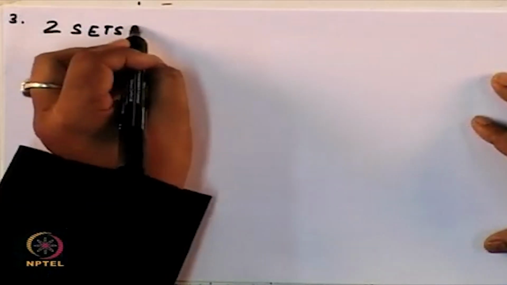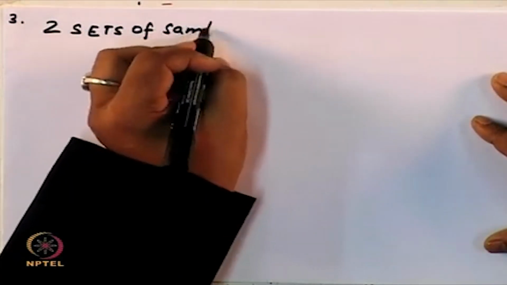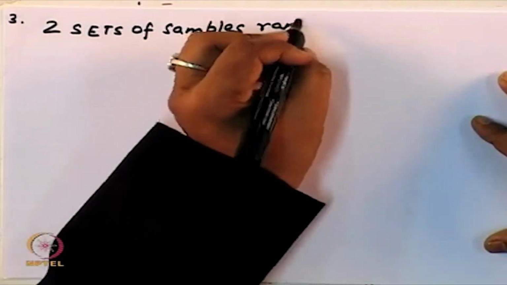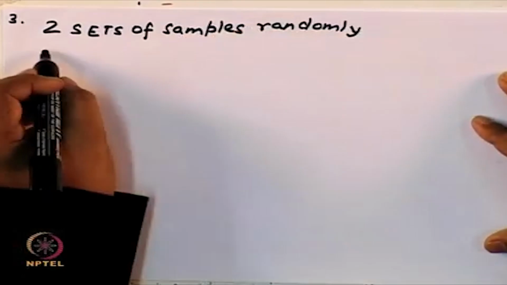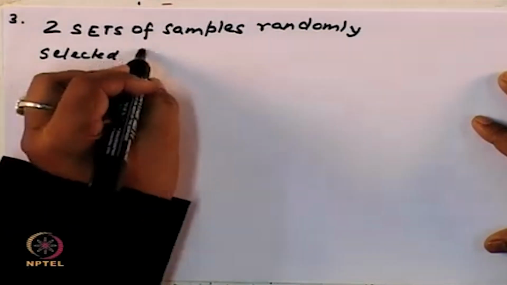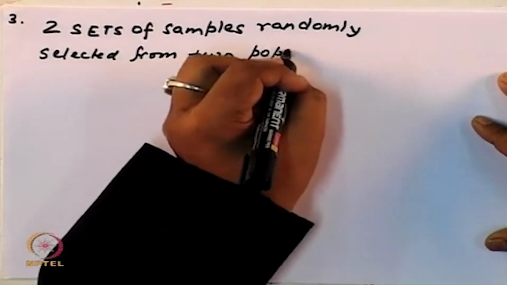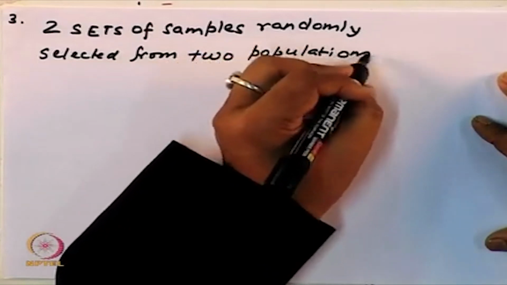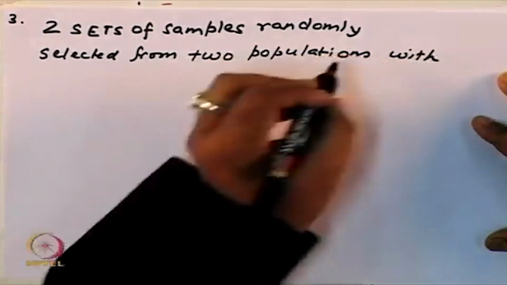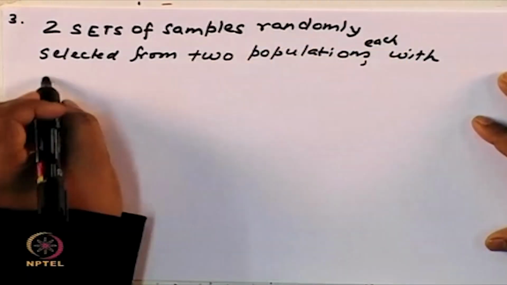So, this is your slide 2. Imagine you have two sets of samples randomly selected from two populations, each with identical means.